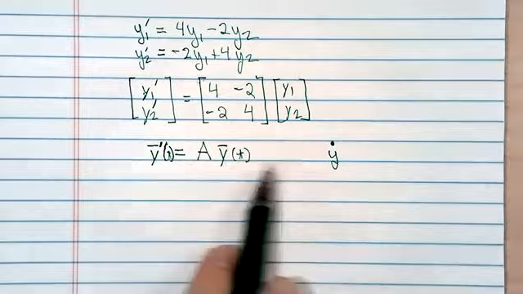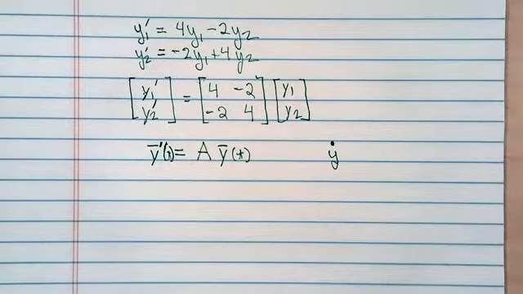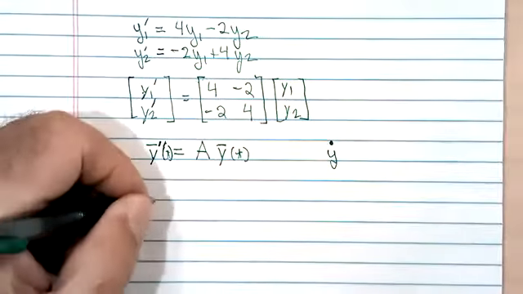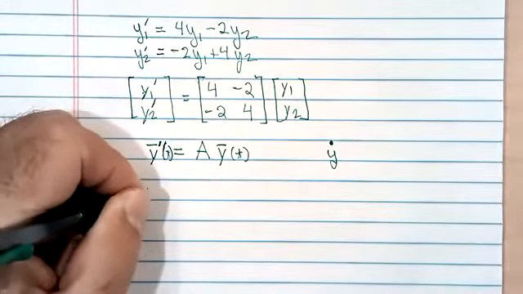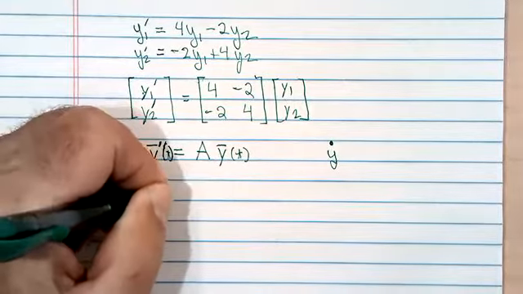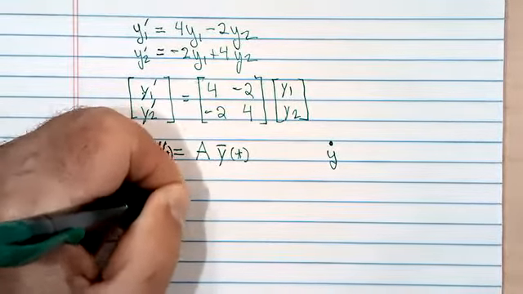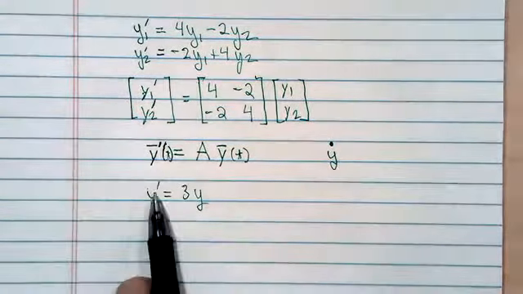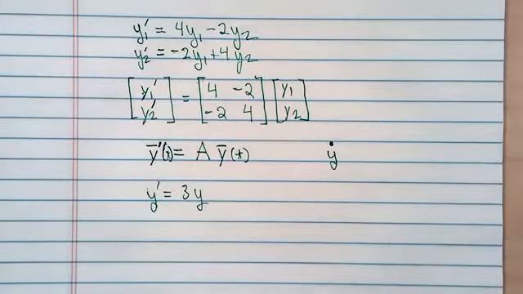Okay, now how would you go about solving one of these things? Well, if you remember, this kind of looks like this situation, y prime equals 3y. Let's just not do vectors now, just simple functions like in Calc 1 and Calc 2.